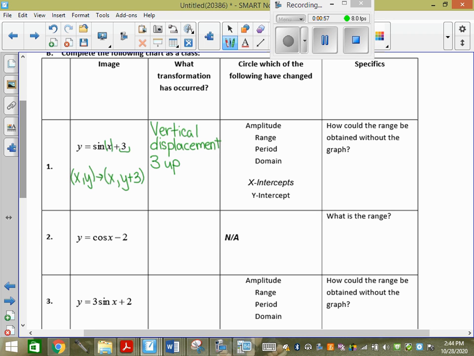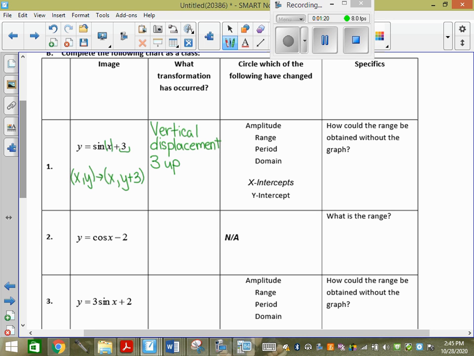Now, my amplitude is affected by my Y's, right? My amplitude of my graph, my sine and my cosine graphs are normally at -1 and 1. What's the only transformation that's going to make that change, to make it taller or narrower? What would I have to physically do to the graph?